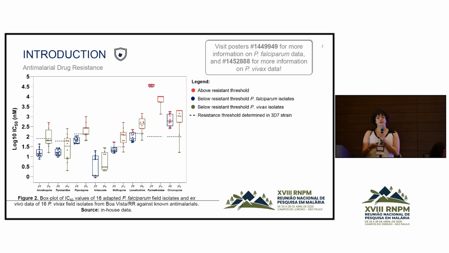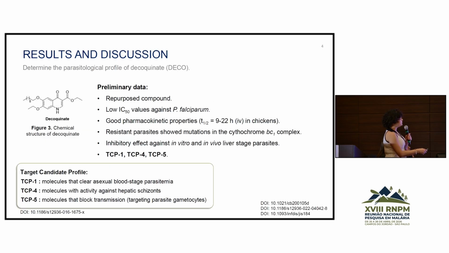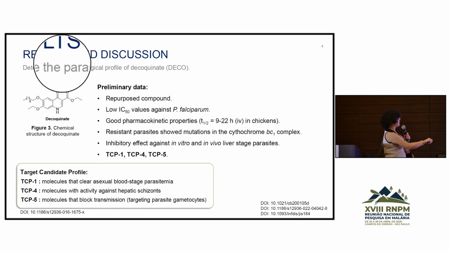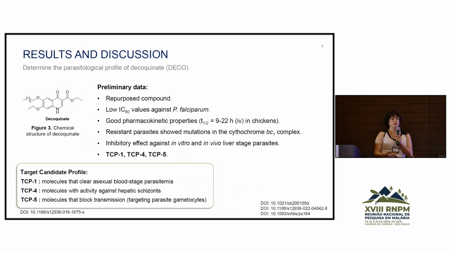If you want more information, you may see these two posters, and the students are going to talk more about that. And this is reinforcing the development of new drugs, and my work was to evaluate the cocoate to determine the parasite profile. And the cocoate has this chemical structure here.